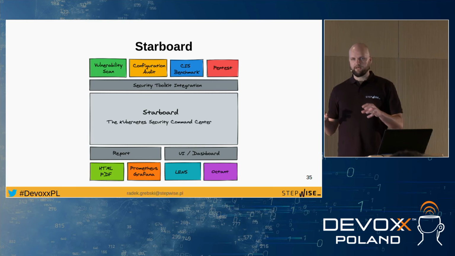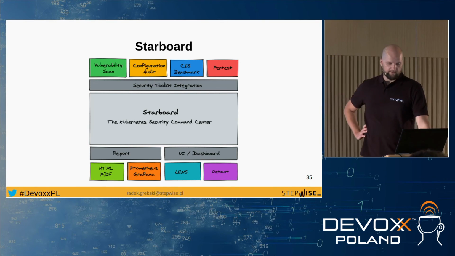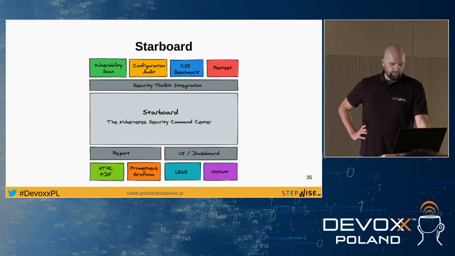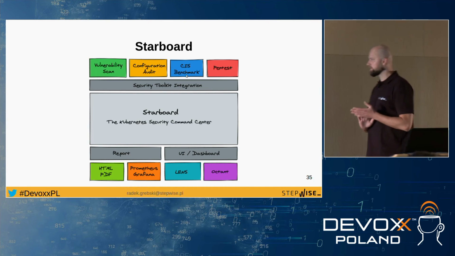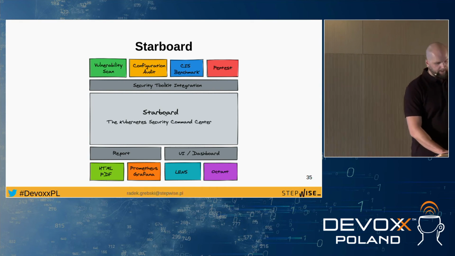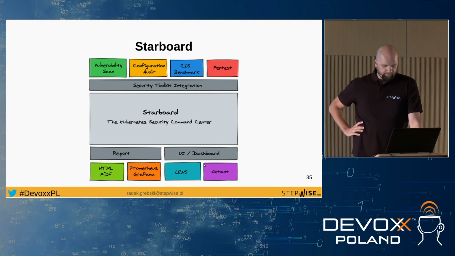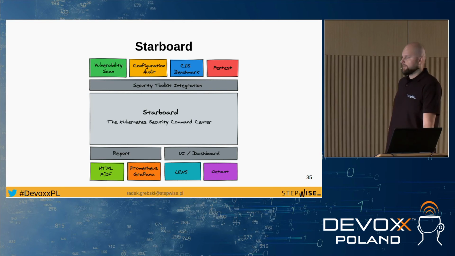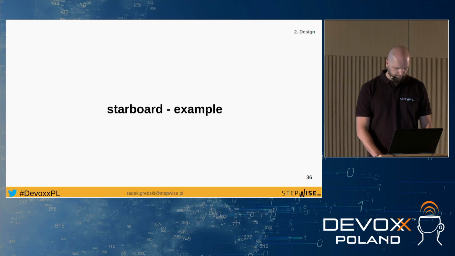Otherwise, you won't be able to deploy to that cluster or to that namespace, depending on configuration. It also allows you to run CIS benchmarks and create reports. It has plugins for Lens, which is an IDE for Kubernetes, and Octant, and can also create reports in Prometheus and Grafana.